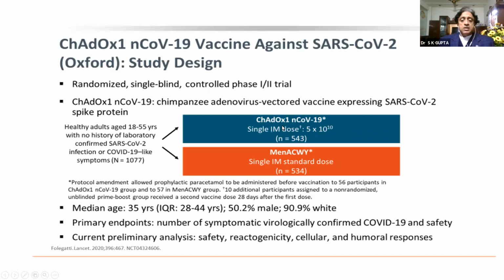The important and unique thing about this vaccine was that as the placebo, we used the meningococcal vaccine. Why was a meningococcal vaccine used as a placebo? Because the investigators did not want to bias the results.